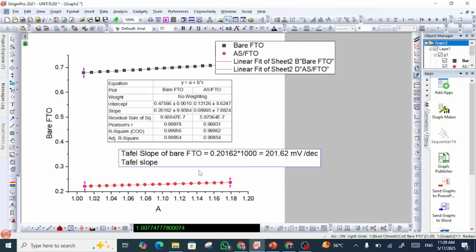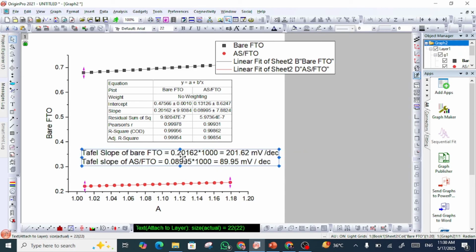Tafel slope of AS/FTO comes out to be 0.08995, and I will multiply it by 1000, and it will be 89.95 millivolt per decade.